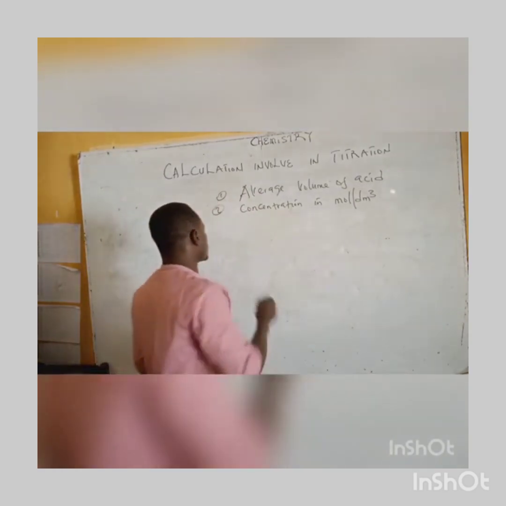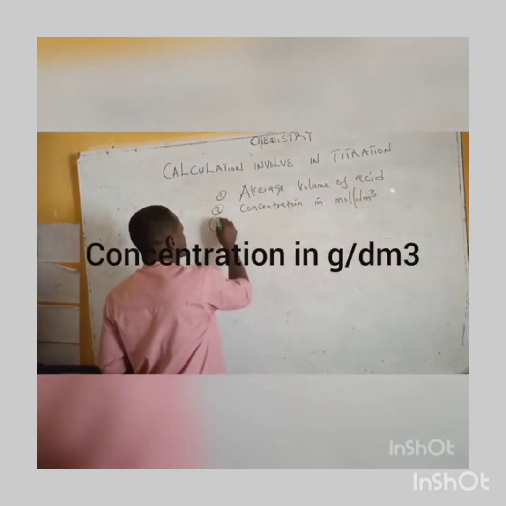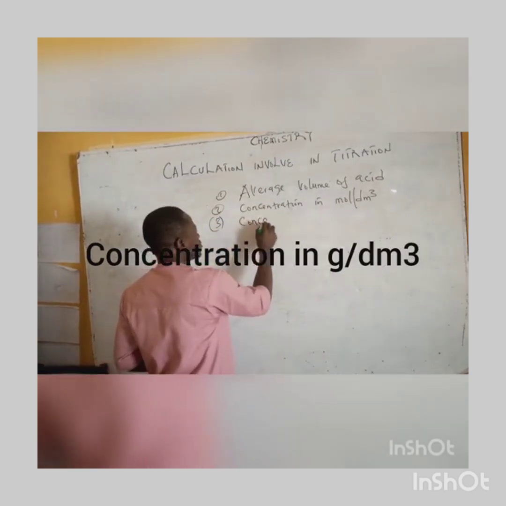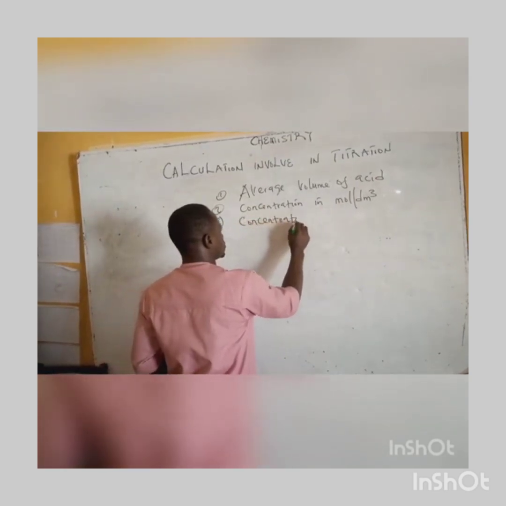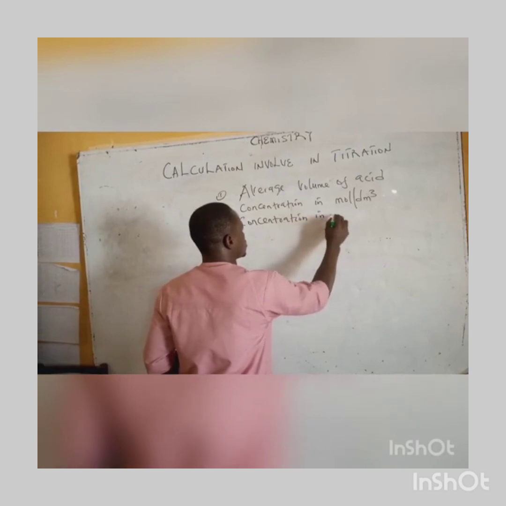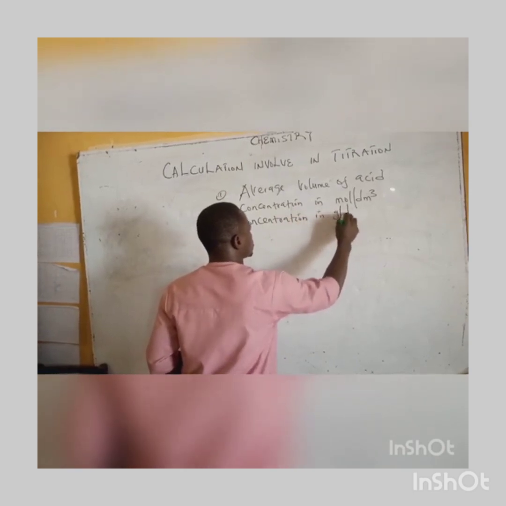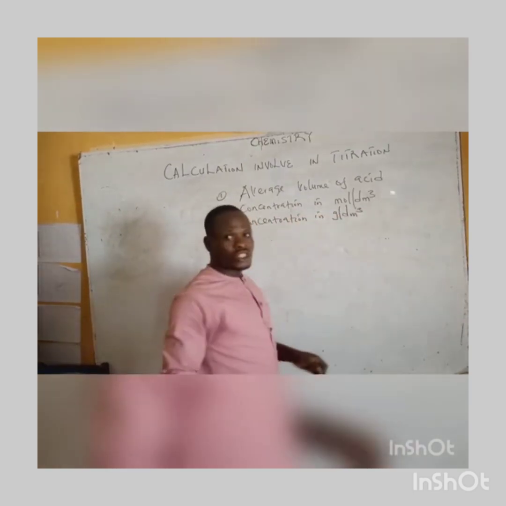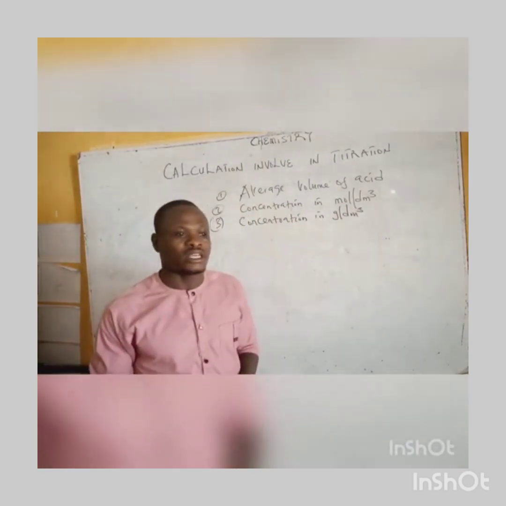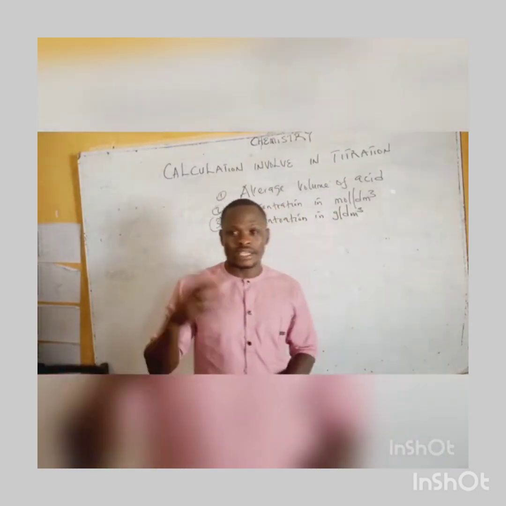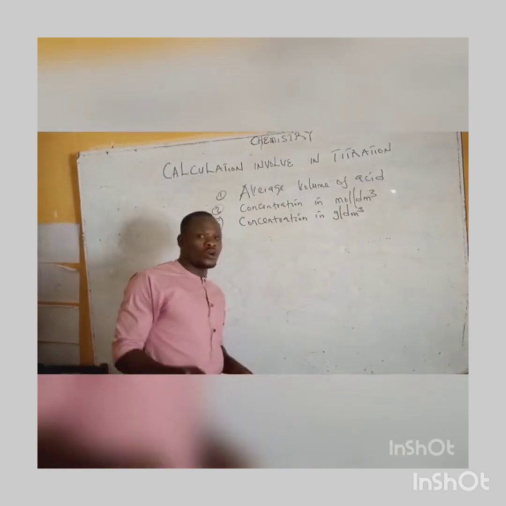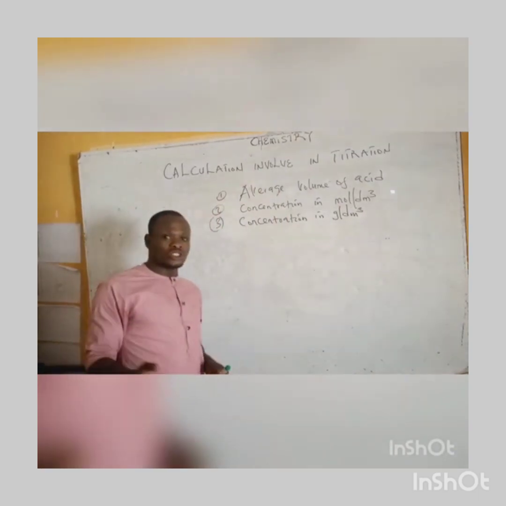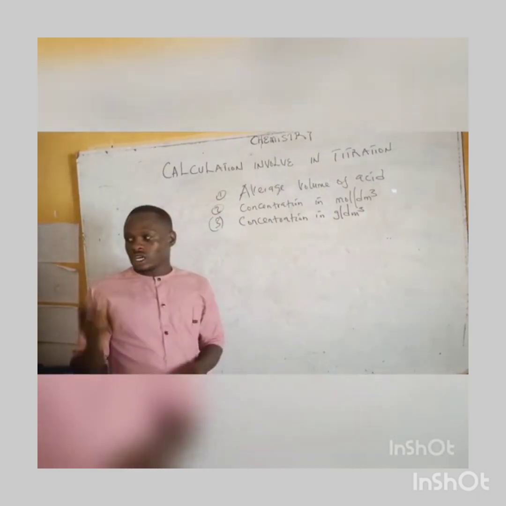Another parameter is concentration in grams per dm cube. It is either you are asked to calculate the concentration of acid in grams per dm cube, or you are asked to calculate the concentration of base in grams per dm cube.